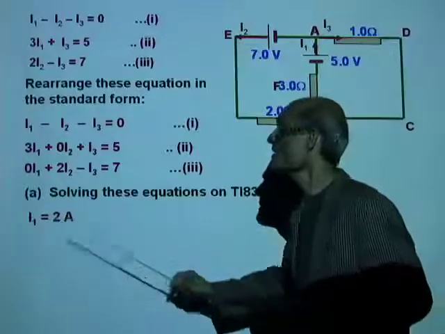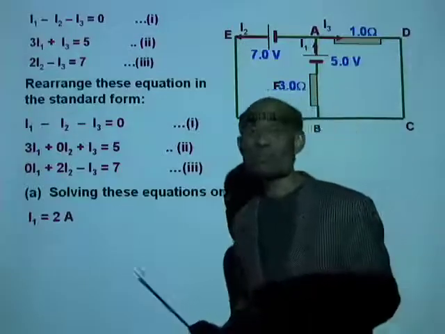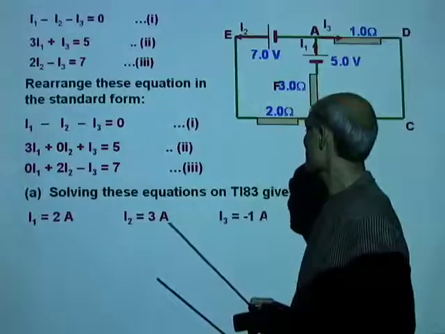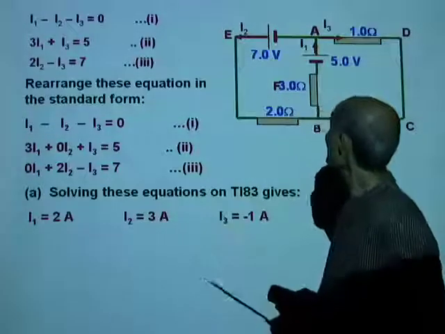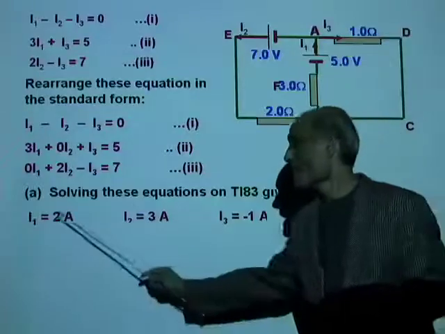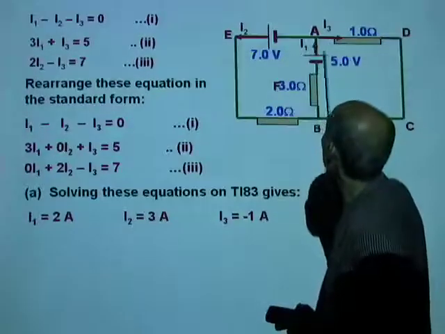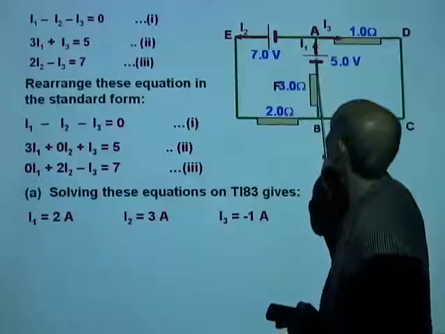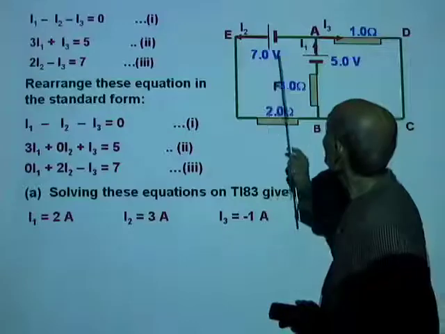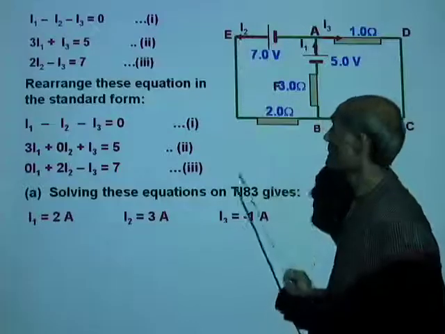You get I1 equal to 2 A. I want you to watch these results. I2 equal to 3 ampere and I3 equal to negative 1 ampere. I1 is 2 ampere. The current that leaves this cell is 2 ampere. I2 equal to 3 ampere.